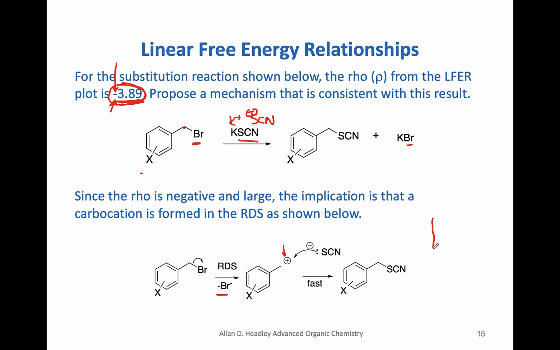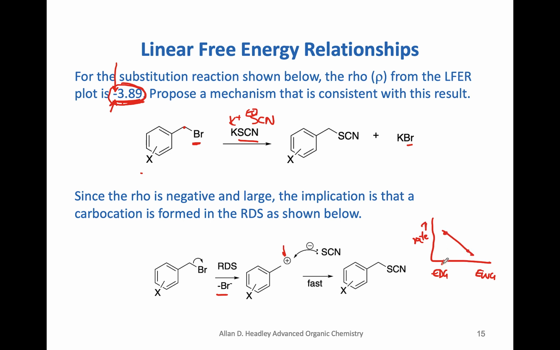So you'd expect the slope to look like this, where this is electron donating group, and over here is electron withdrawing group. And of course, this is the rate in that direction. So this is a fast reaction and a slow reaction.